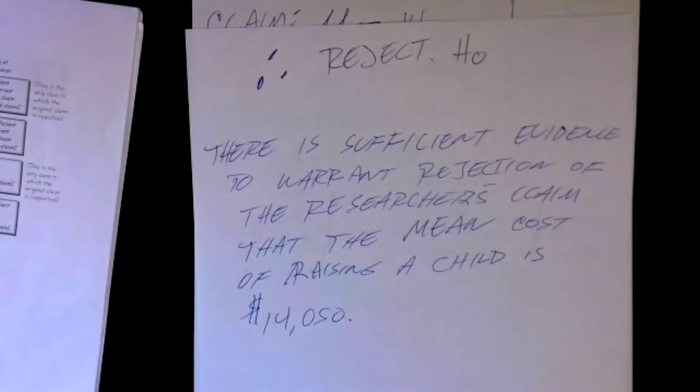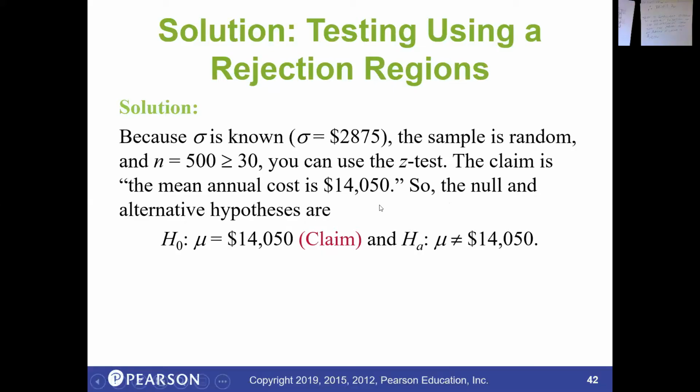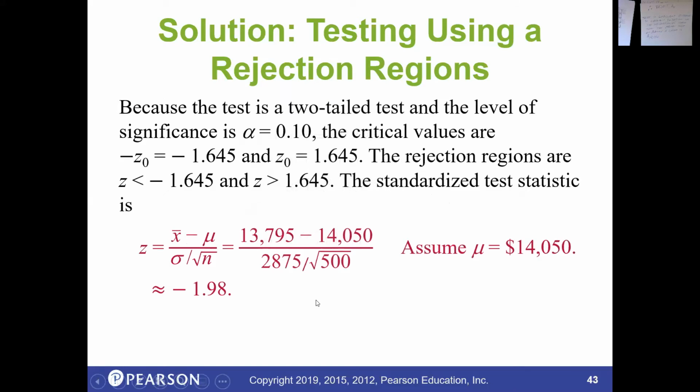If we look back at the text, as usual, state the claim first, and then the hypotheses. I would draw your picture first, then decide what the Z critical values are. There are two in this case since it's two-tailed. Compute the test statistic.